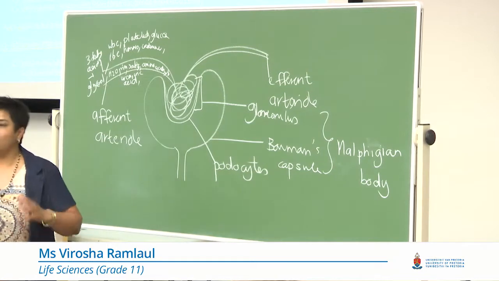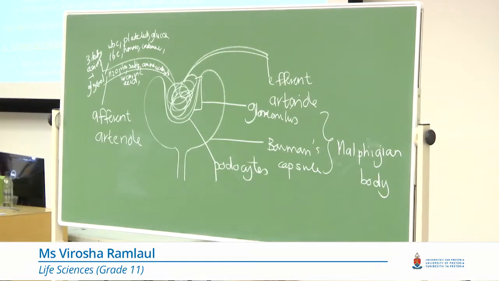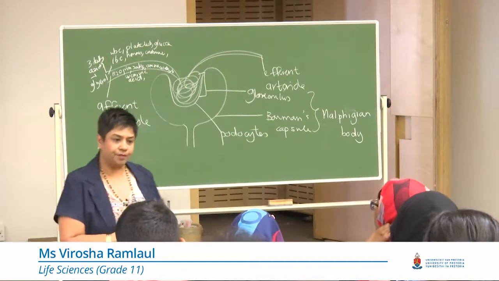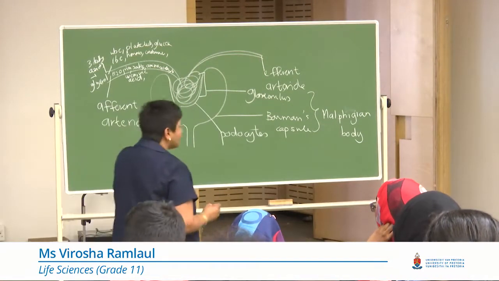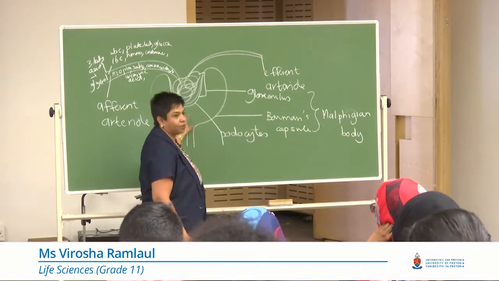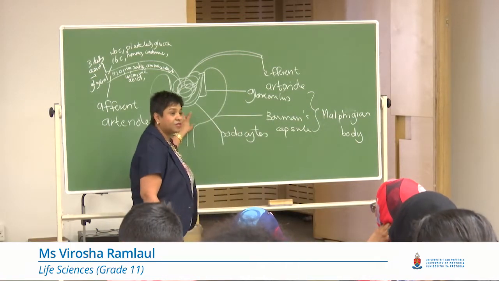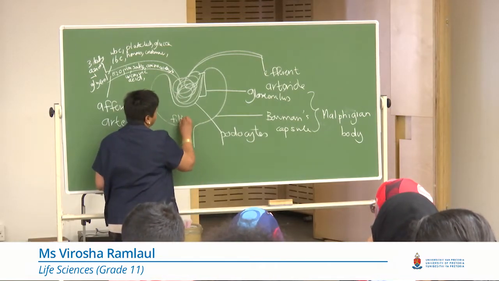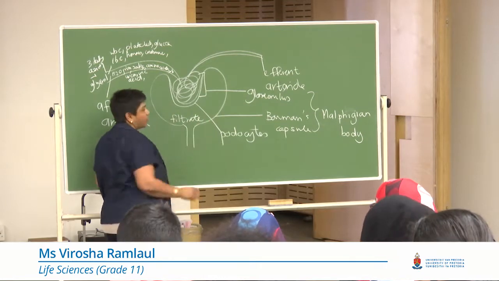Now, all these substances are in the blood, flowing towards the glomerulus. And only the small substances will be allowed to enter this Bowman's capsule. When the substances enter the Bowman's capsule, the substances are called the filtrate. Right.